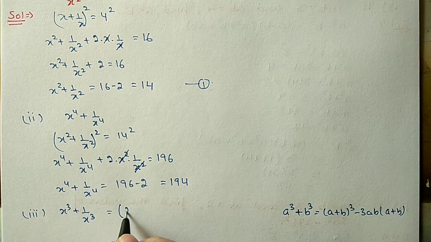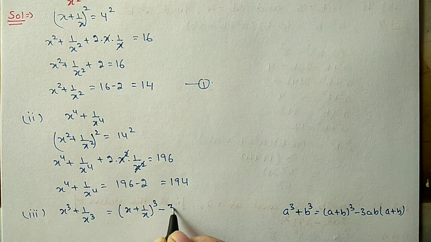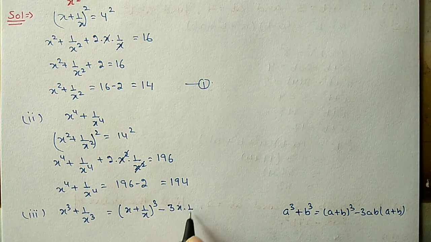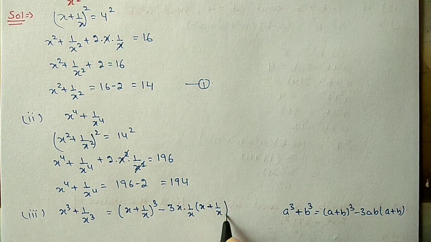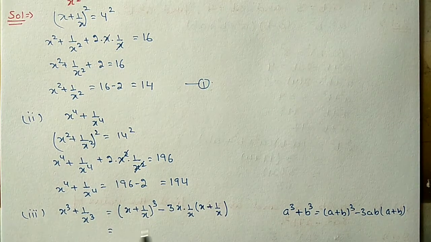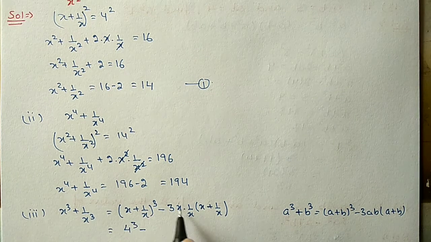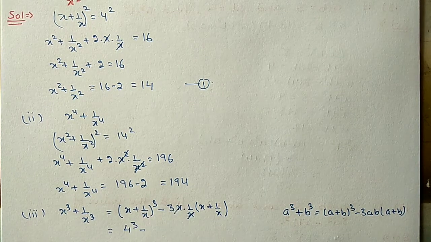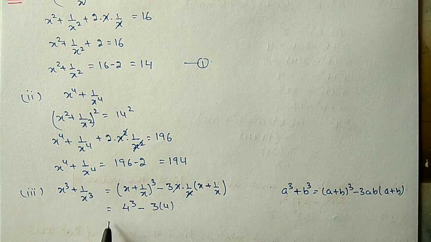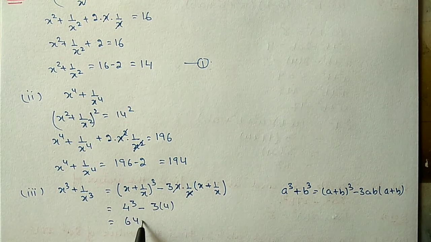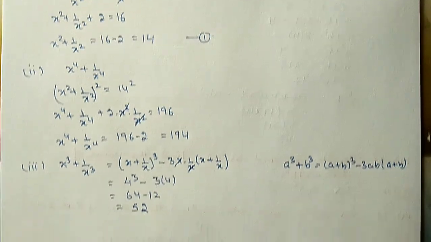This will be equal to x plus 1 by x whole cube minus 3 into x into 1 by x into x plus 1 by x. Now substitute the values. This value is given 4. So 4 cube minus, here x to x will eliminate, 3 into 4. 4 cube is 64 minus 12 is equal to 52.